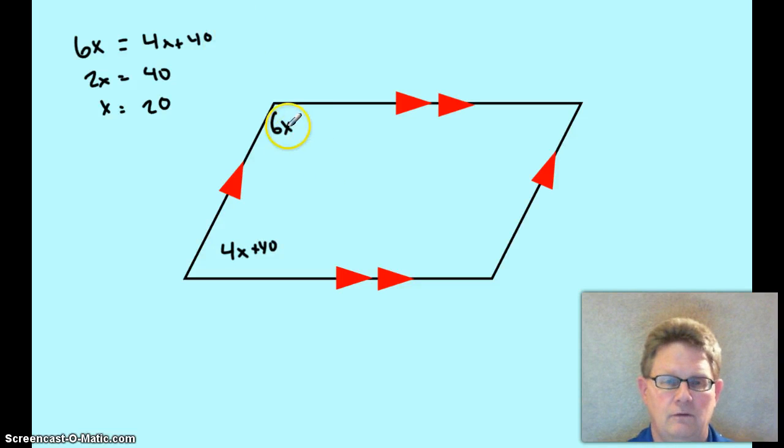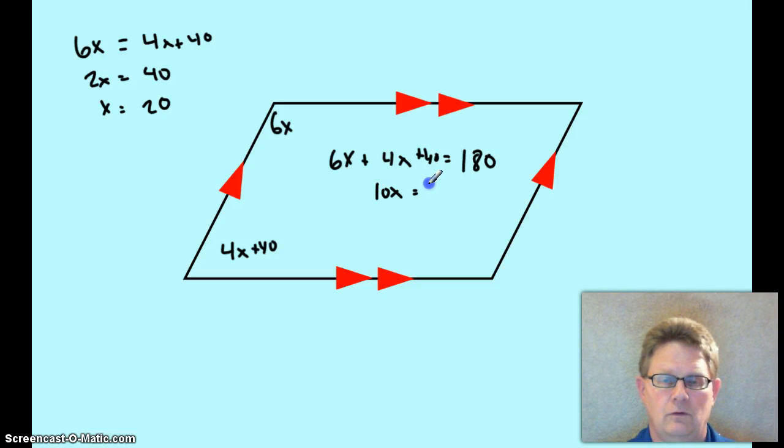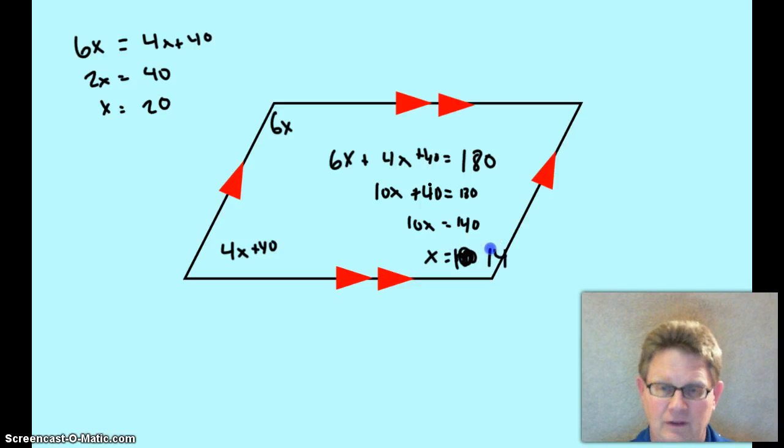Then you would write, these consecutive angles are supplementary, 6x plus 4x plus 40 equals 180, because they're supplementary. 10x plus 40 equals 180. 10x equals 140, and x would be 14.